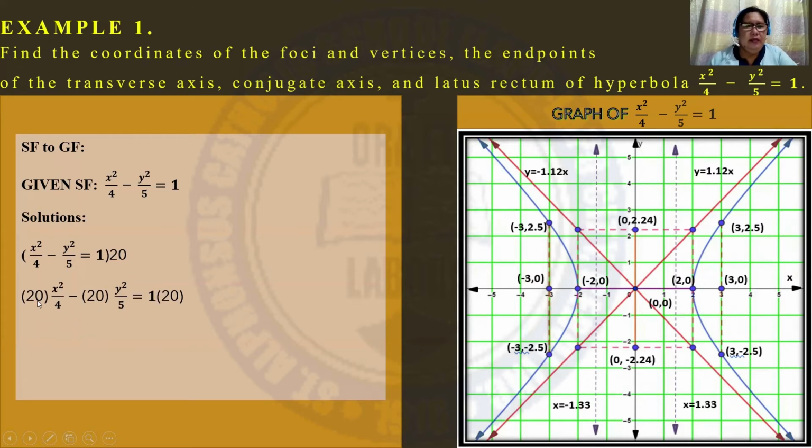So 20 divided by 4 is 5, 20 divided by 5 is 4, 1 times 20 is 20. So you have 5x squared minus 4y squared is equal to 20. Equate to 0, so the general form is 5x squared minus 4y squared minus 20 is equal to 0.